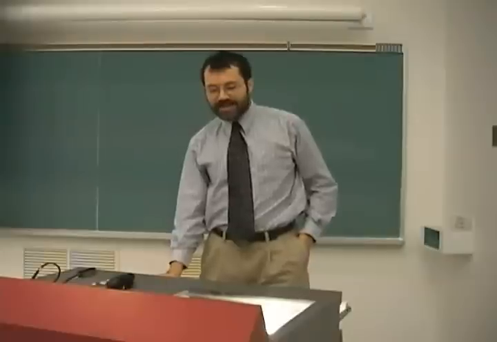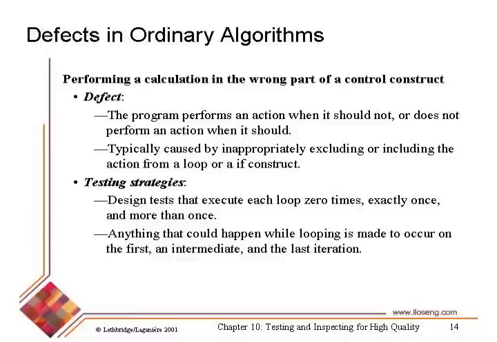You want to design tests that execute each loop 0 times, because sometimes 1 is the default. If there are 0 entities, let's say you're counting the number of students in a class, and no students are registered, you want the result to be 0. You don't want the result to be 1. What you might have is an initialization of the value to 1, and then add 1 every time.